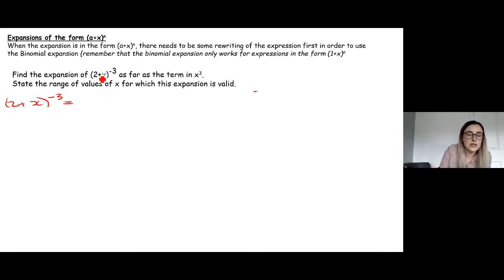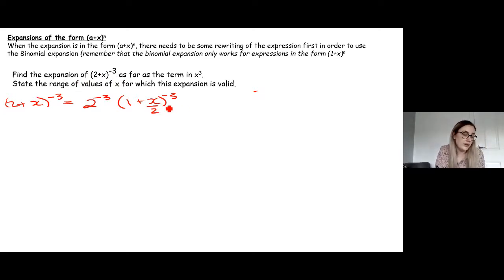What I'm going to do is factorize out the 2, okay? If I factorize out the 2, that gives me 2 to the minus 3 times 1 plus x over 2 all to the minus 3. If I multiply them in there by that, that will take me back to that, okay?